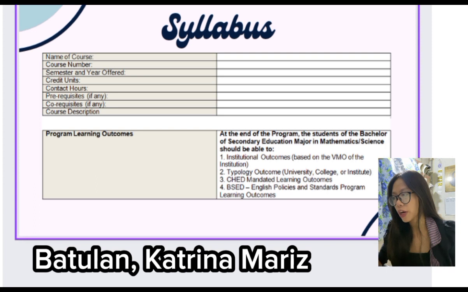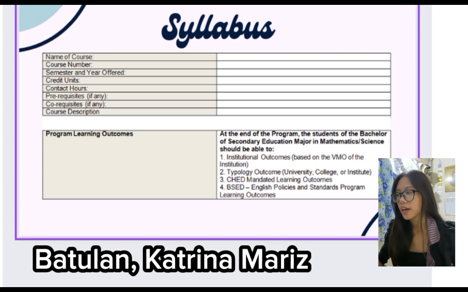At the end of the program, the students of, for example, Bachelor of Secondary Education major in mathematics or science should be able to: first, institutional outcomes based on the VMO or VMGO here in CTU; second, typology outcome, university, college, or institute; third, the CHED-mandated learning outcomes; fourth, the BSED program learning outcomes per policies and standards. So this would be the template under the syllabus.